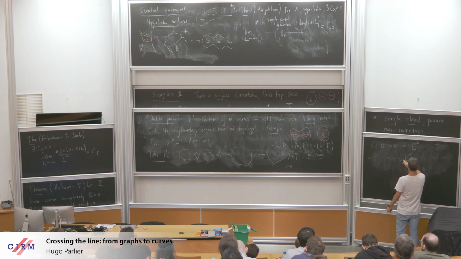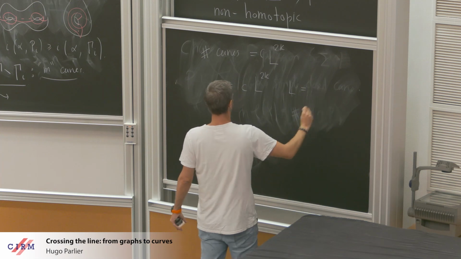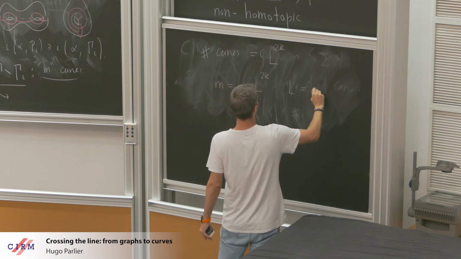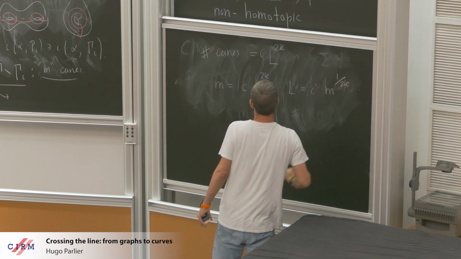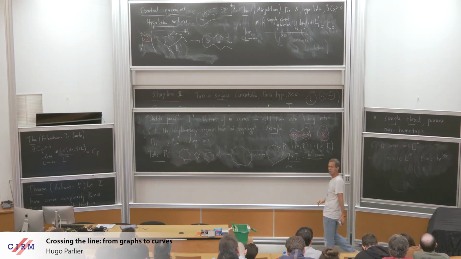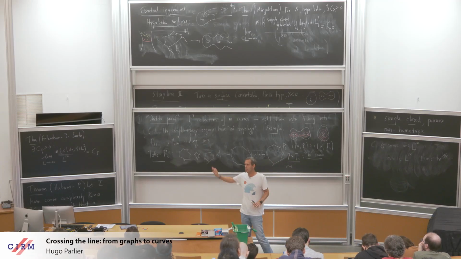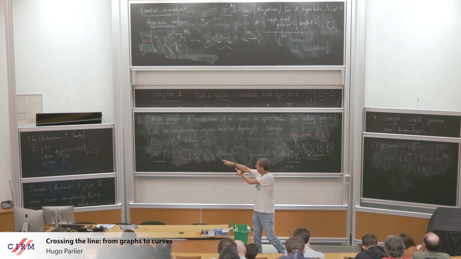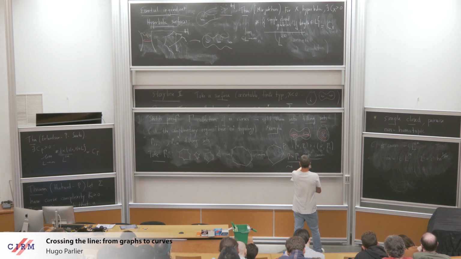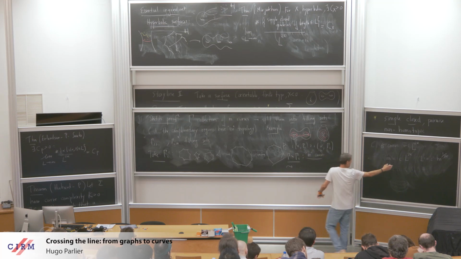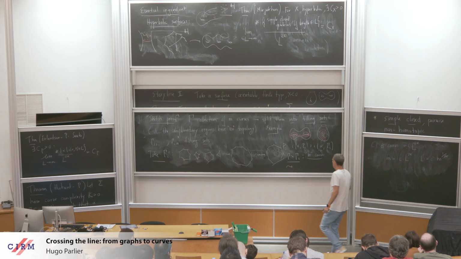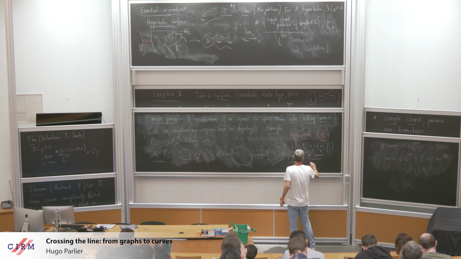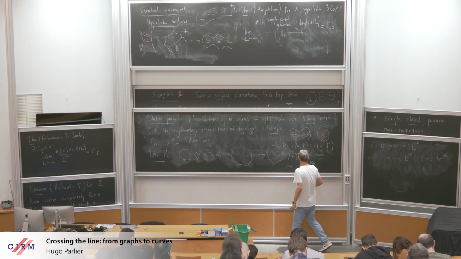And that means that if I do this backwards, L is equal to 1 over some other constant, and then m to the power of 1 over 2 kappa. I've just inverted this equality, which is not an equality, but you can gather that from this. And so these m curves, there's m of them, and they have to generate on average this number of intersections. So this gives us m times m to the power of 1 over 2 kappa intersections.